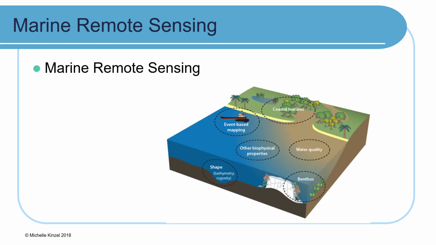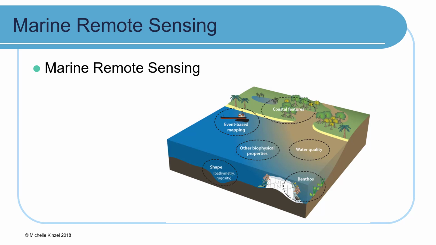So you can see here just a few of the areas that are benefiting from remote sensing and geospatial analysis when we look at the marine environment. So we have event-based mapping and things like weather, blooms of plankton, and events like oil spills benefit from remote sensing.